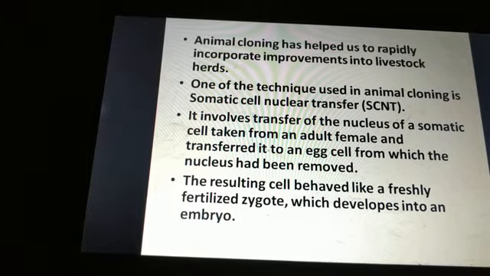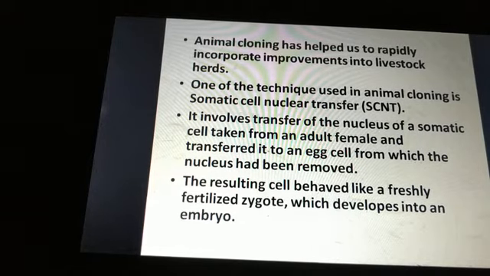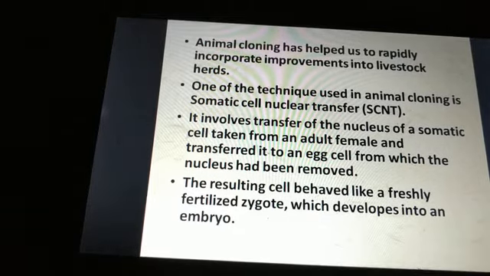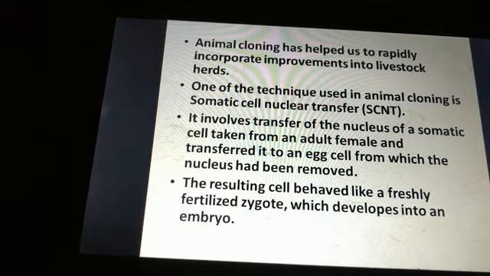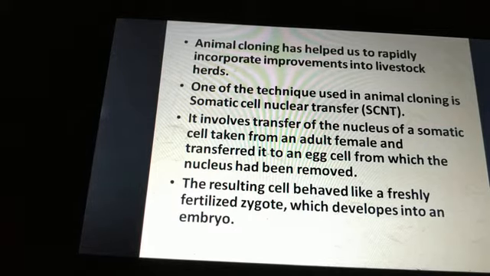So what does it do? It involves transfer of the nucleus of somatic cells taken from an adult female and transferred to an egg cell from which the nucleus has been removed. So students, we have taken the somatic cells here.